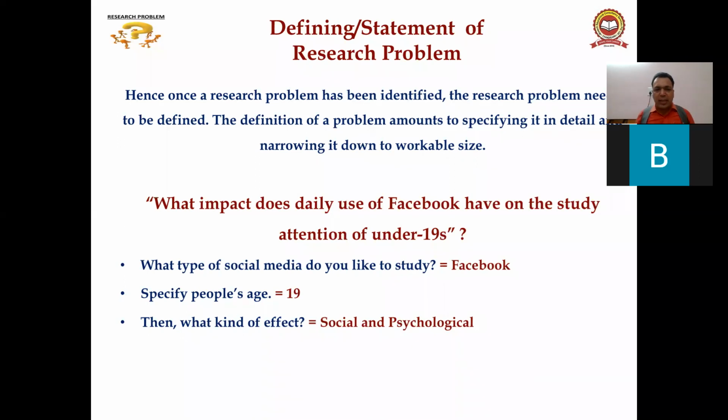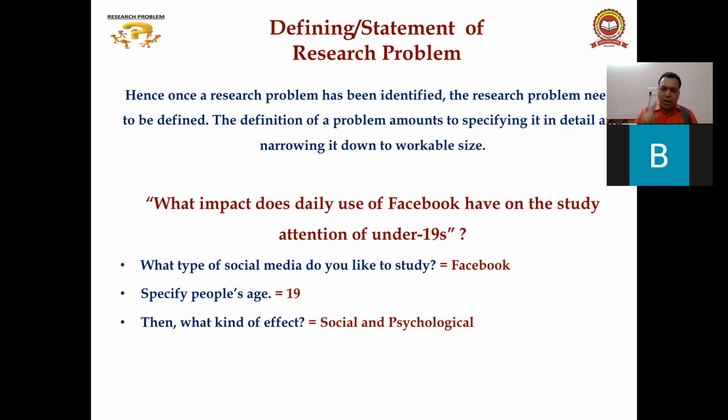Here I have given the same example: What impact does daily use of Facebook have on the study attention of under 19s? This is my main heading, my research topic, and under this topic I have stated 3-4 questions. What type of social media?